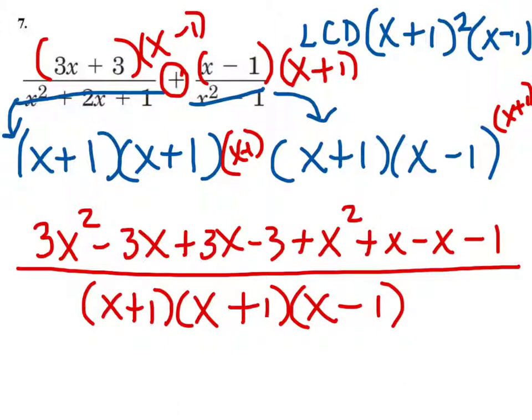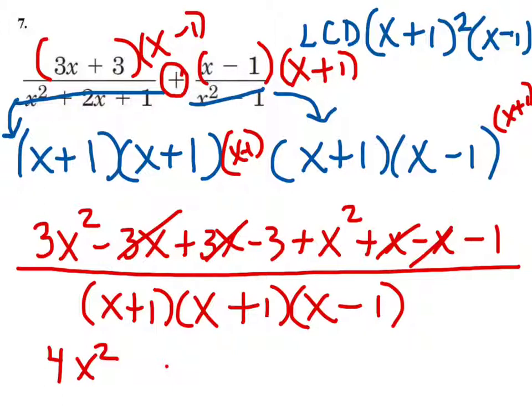Now let's add like terms in our numerator. We have a 3x squared term and a 1x squared term. That ends up being 4x squared. Then we have a negative linear 3x, a positive 3x, an x, and a negative x. Actually, all of these cancel, so we do not have a linear term.